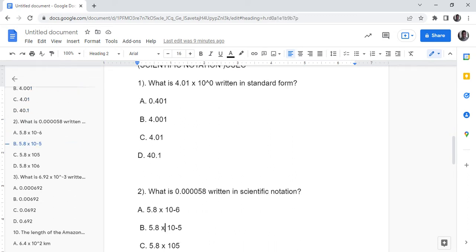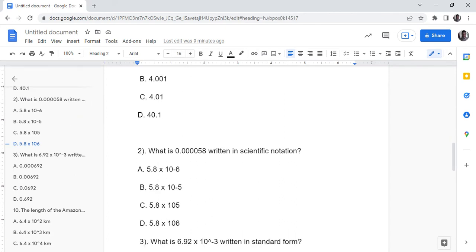Now, moving down to number 2, what is 0.00058 written in scientific notation? Whenever we are dealing with scientific notation, say you have 52,000, what you would do is put a decimal point between the 5 and the 2, and then the remaining digits you count and put that as the exponent.